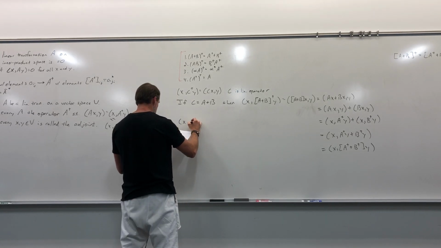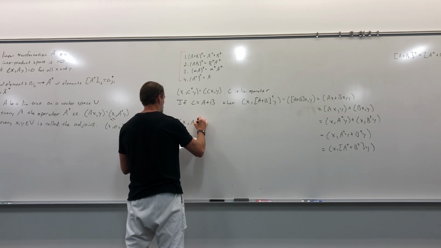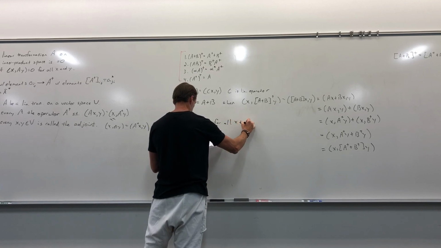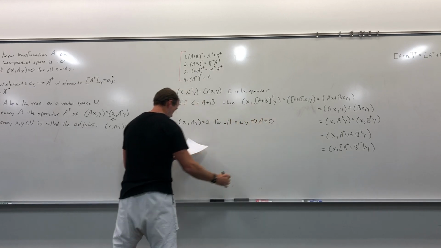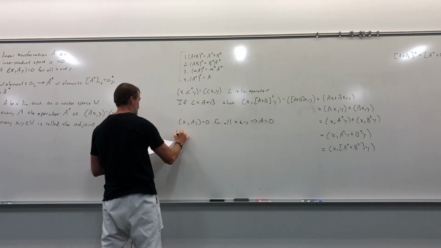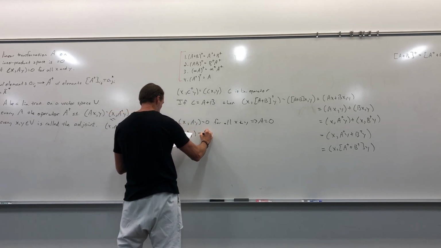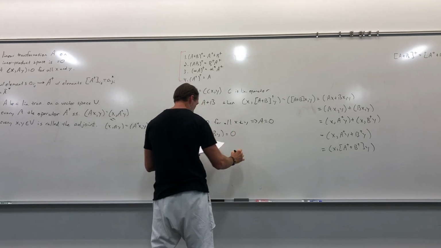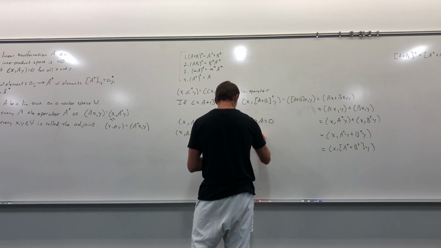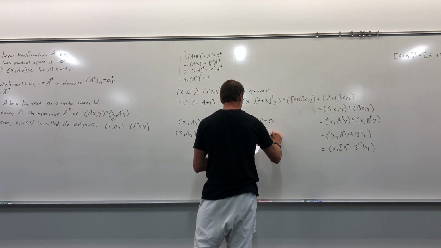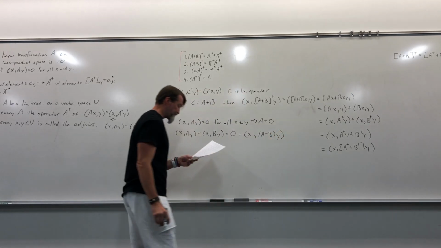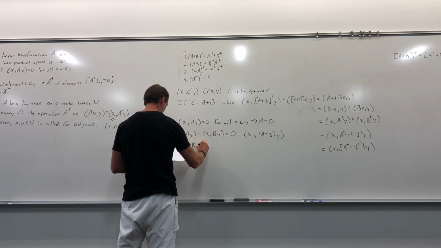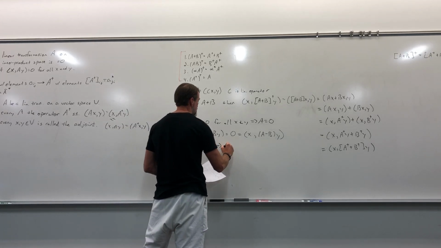We can first of all state the theorem, and if we apply it to this, then x, Ay minus x, By is equal to 0, but this is the inner product of x with (A minus B) times y, but this implies that A minus B equals 0, which of course implies that A is equal to B.